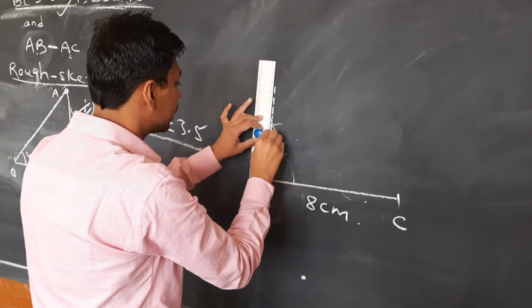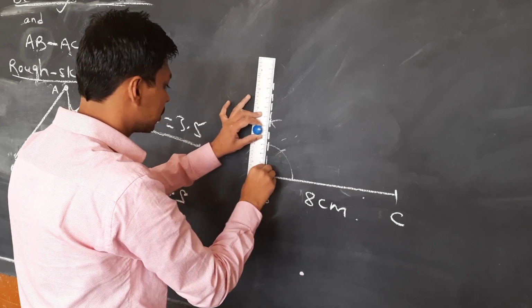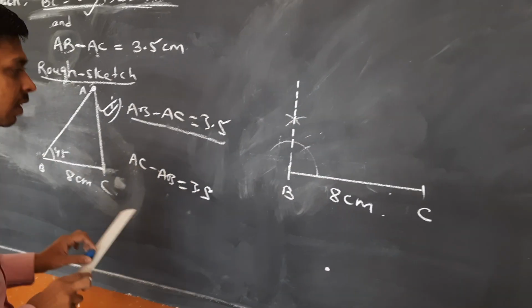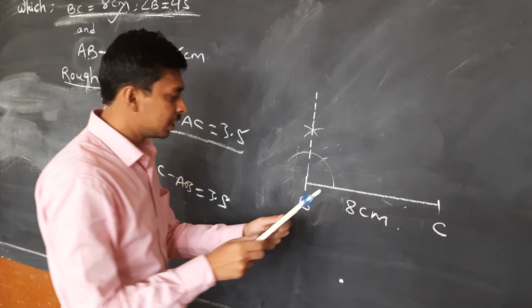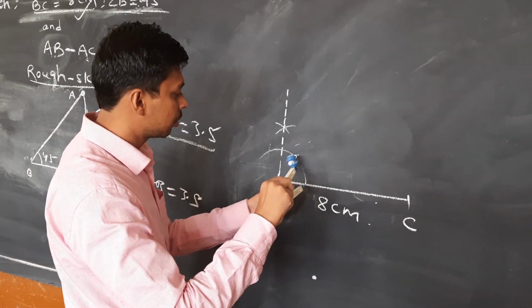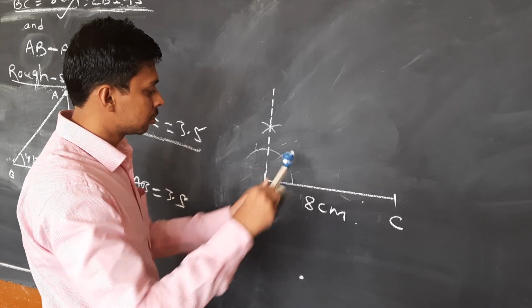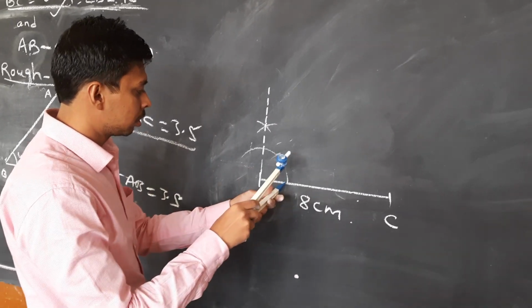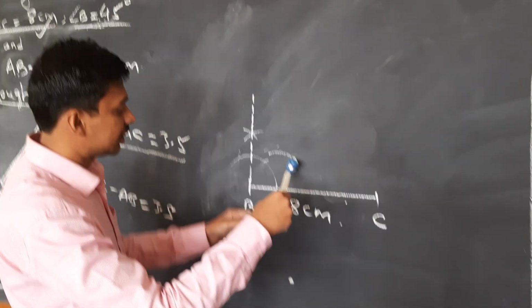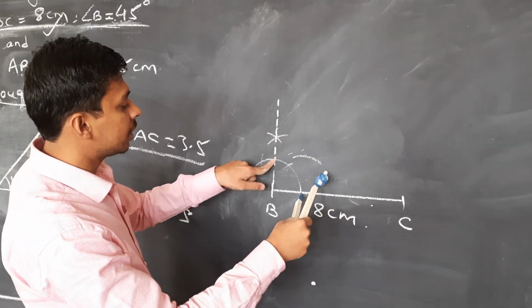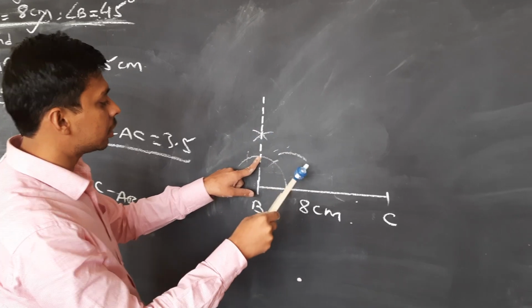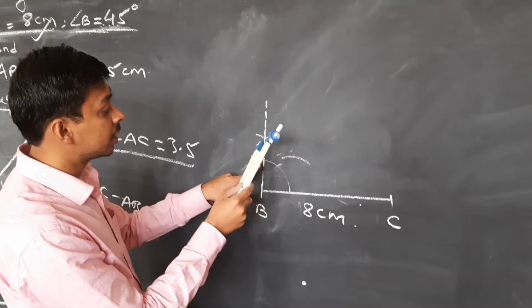Make it with a dotted line, because we have to bisect it to get 45 degree. For 45 degree, taking more than half, bisect this 90 degree from here, and the 90 degree one is here in the main arc. This is the main arc, here it is 90 degree, not here.